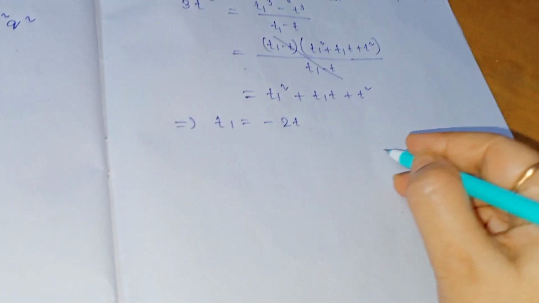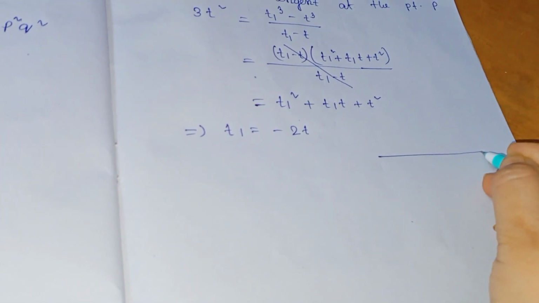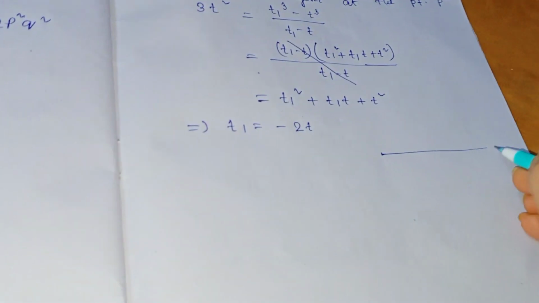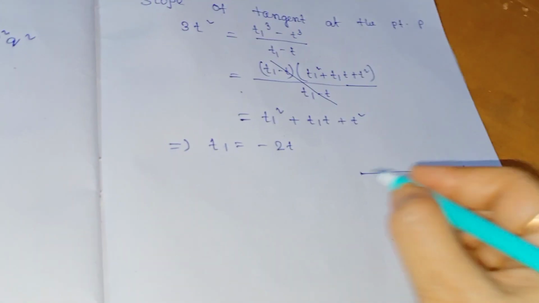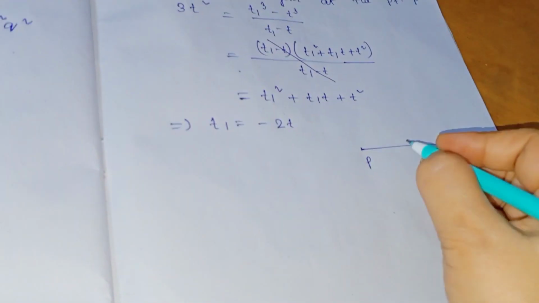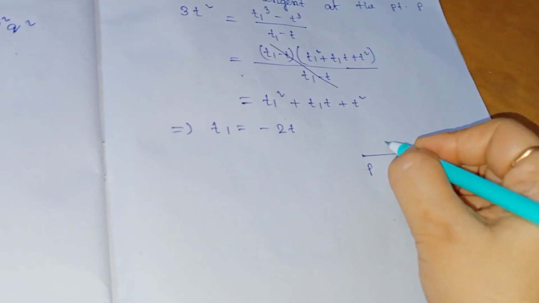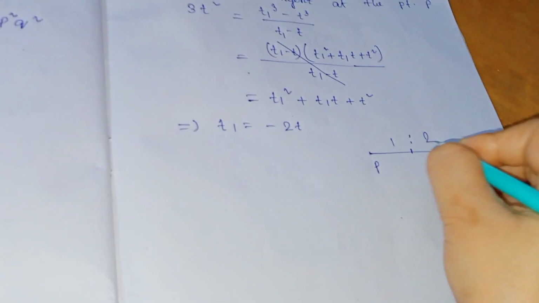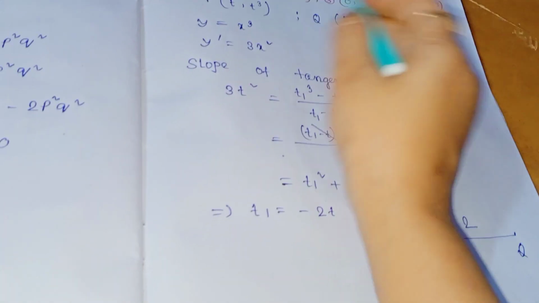Now let's see the point. This is the line, it is P and Q, and it divides in 1:2 ratio internally.